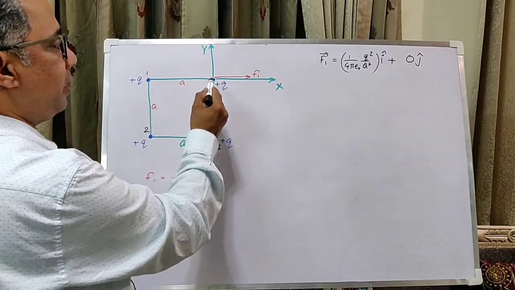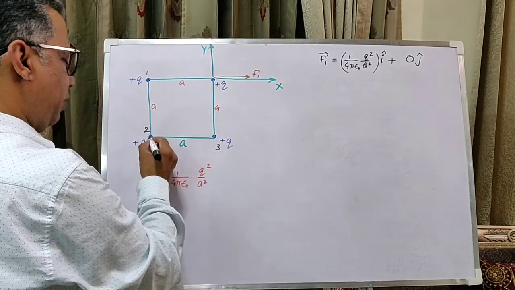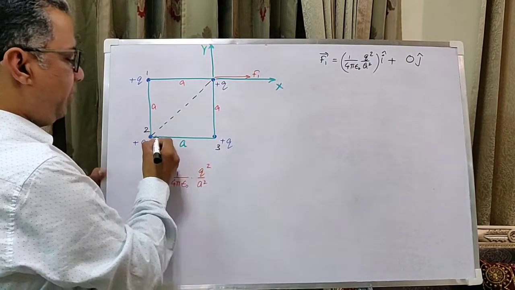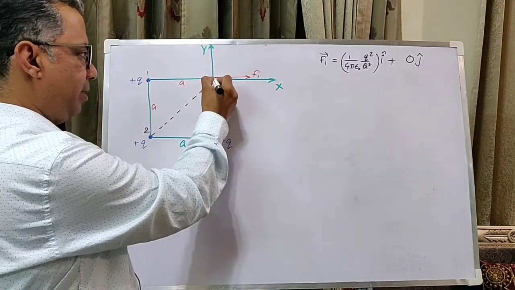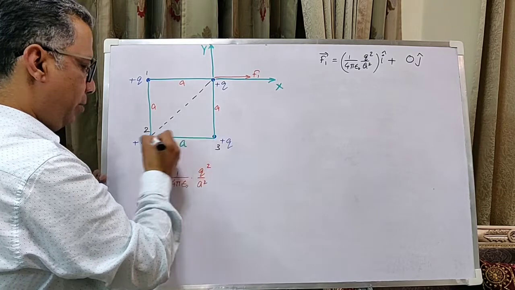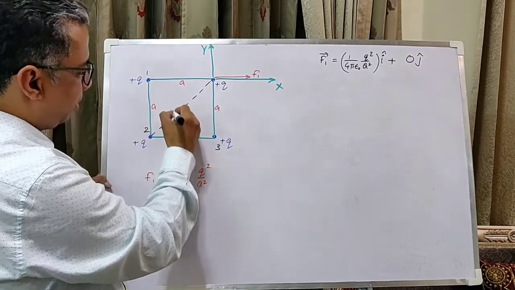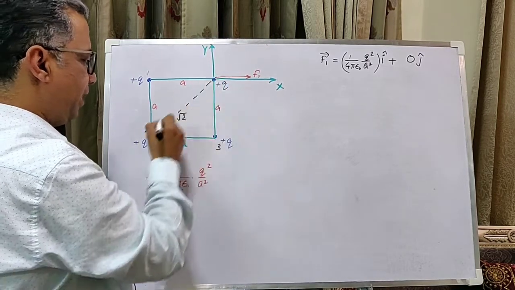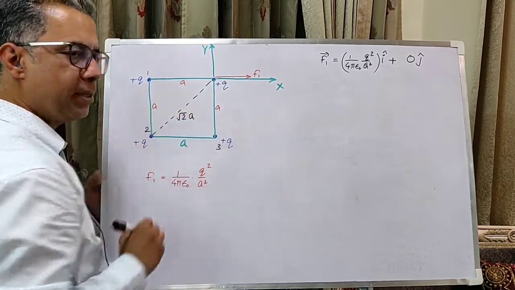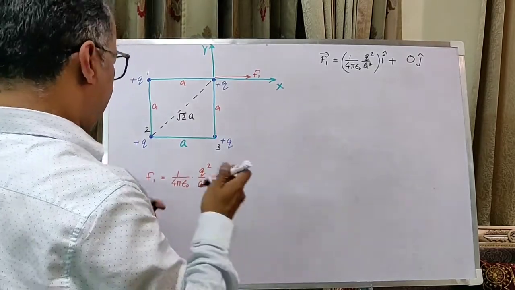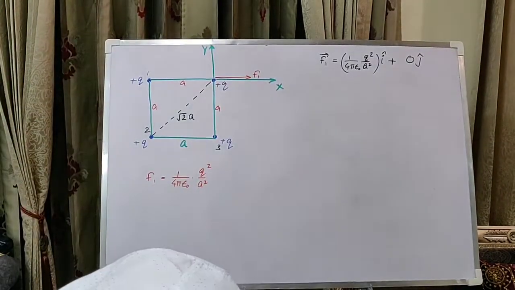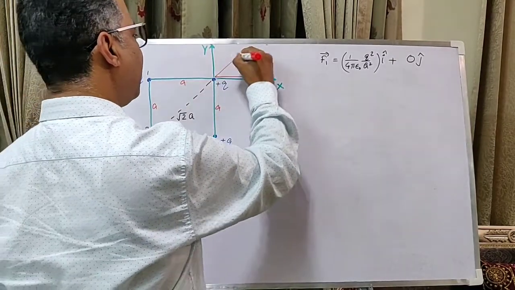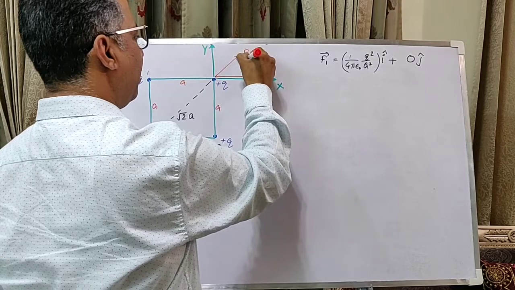Now the force on this charged particle due to charge 2: if this distance is a and this distance is a as well, then using Pythagoras's theorem, we can calculate this length, and it comes out to be root 2 times a. Let's call this force F2.